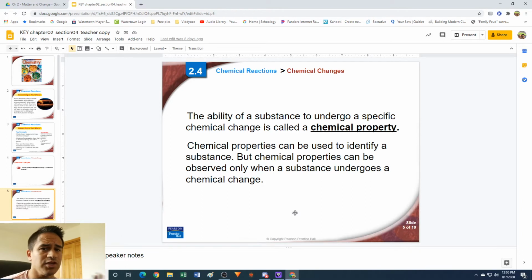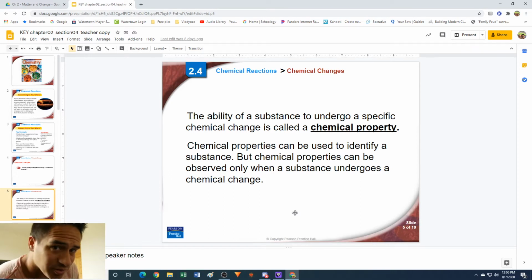Okay. And just to remind you, physical properties were things that you could test about an object, and if that object had that property, it would happen, but the material stayed the same before and after. So in physical properties, there are things that you can test about a material, and after you've done that test, the material is still the exact same material.